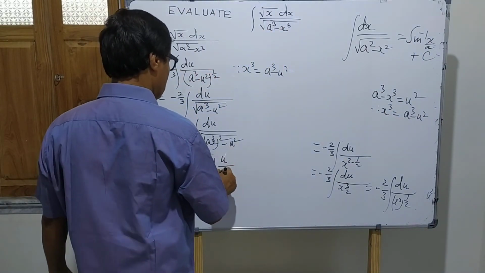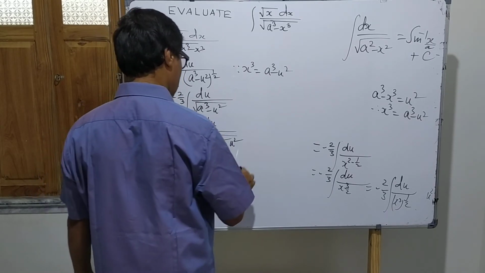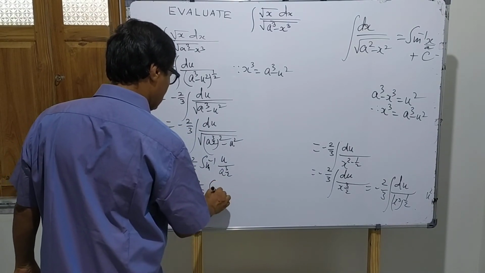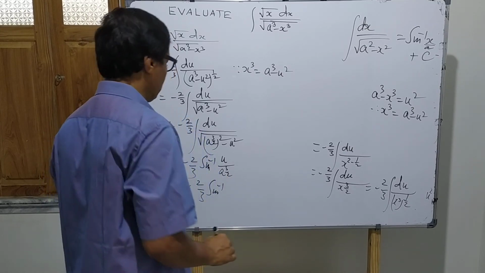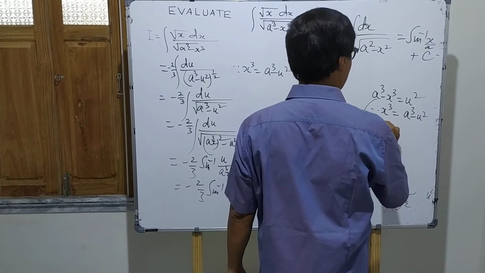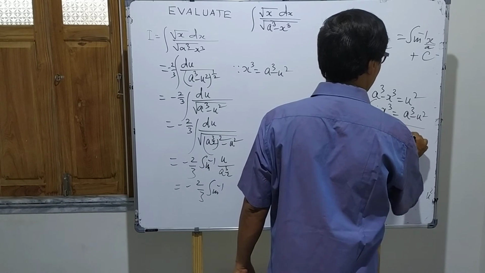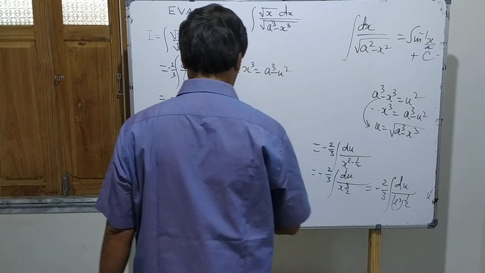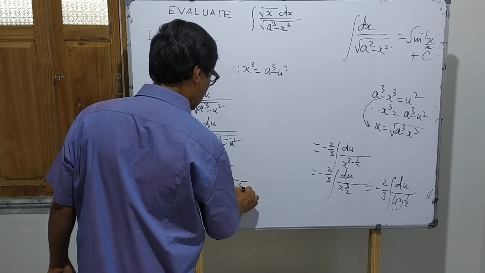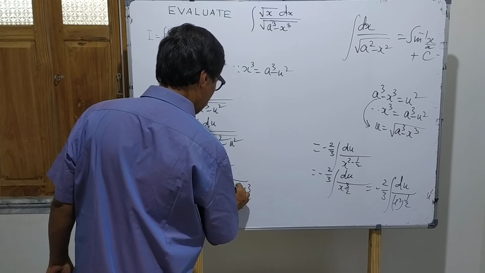So this is minus 2 over 3 sine inverse of u over a to the power 3 over 2. We can put the value of u from this relation: u equals square root of a cube minus x cube.